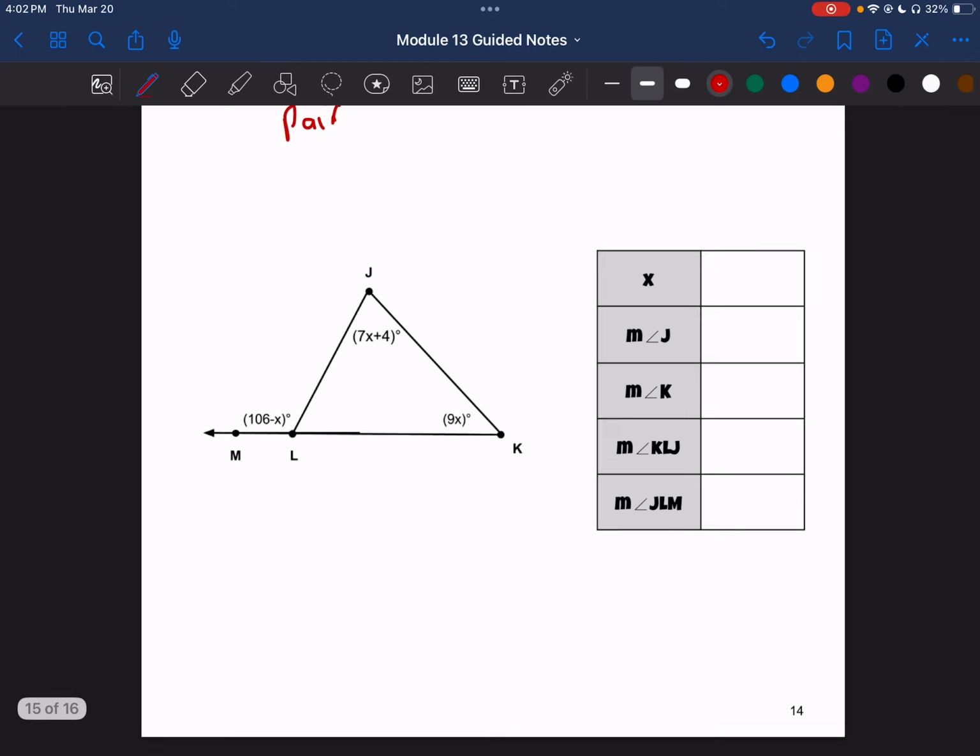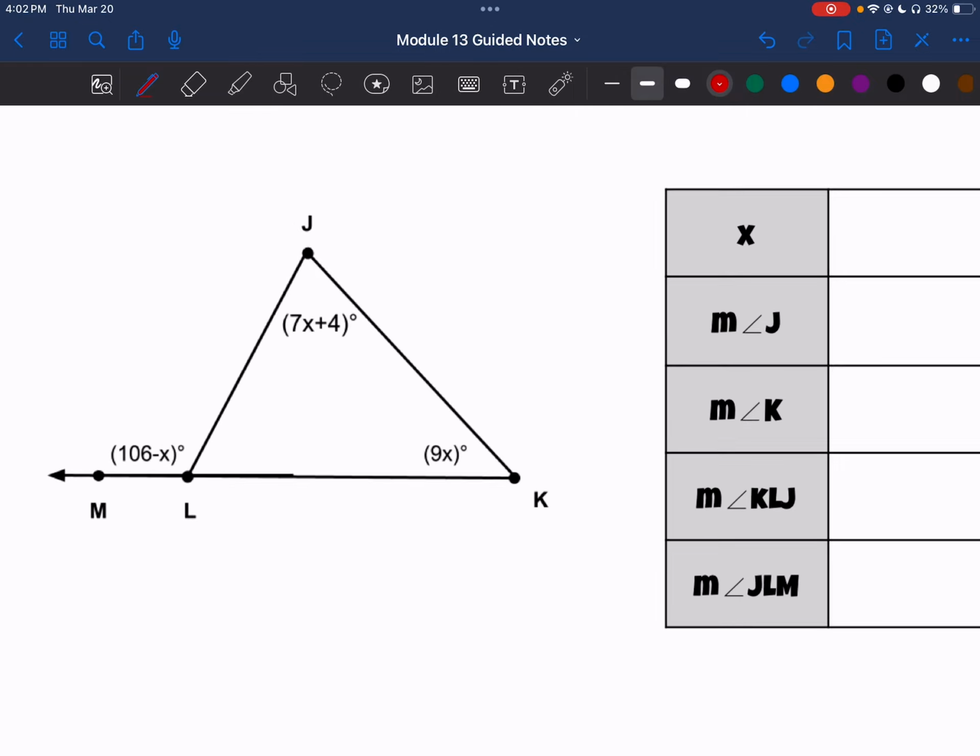All right, let's take a look at the bottom problem. Why don't you work this one on your own and then check your work against mine. All right, so I'm going to set my two terms on the inside equal to my exterior angle. So I'm going to have 106 minus x equals 7x plus 4 plus 9x.